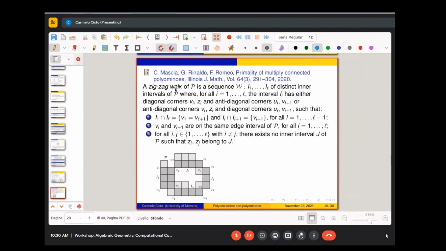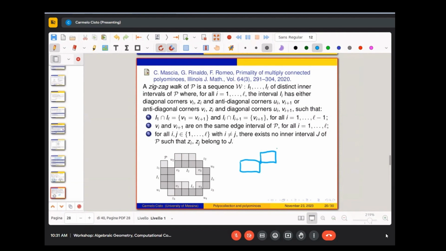A zigzag walk of a collection of cells is a sequence of distinct inner intervals, I1, ..., Il, having the following property. Every two consecutive intervals intersect in only one point. So we have something like this. So they intersect in only one point. This is the first property.